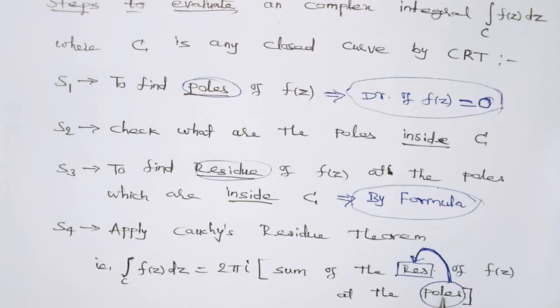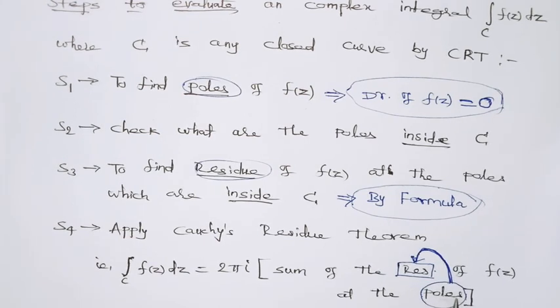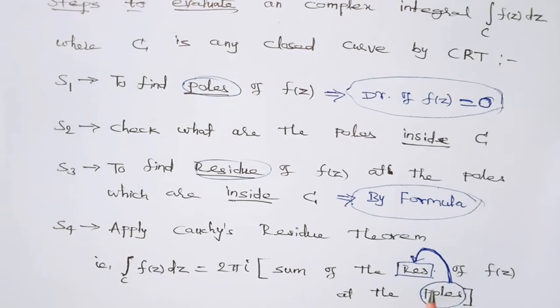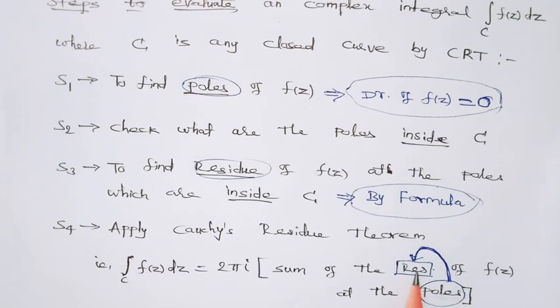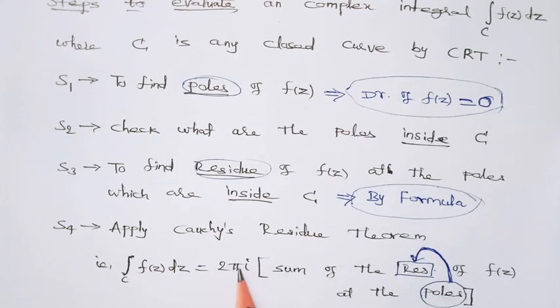After getting the poles, check which poles are inside C, and find the residues corresponding to those poles. After finding the residues, just sum them and multiply with 2 pi i. That gives you the answer for the given question.